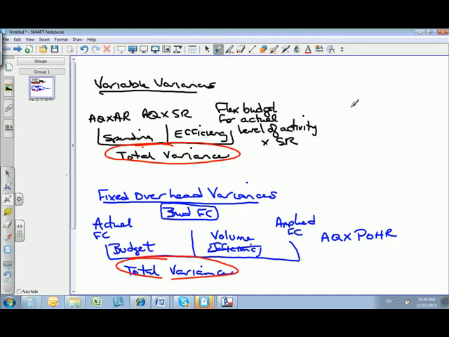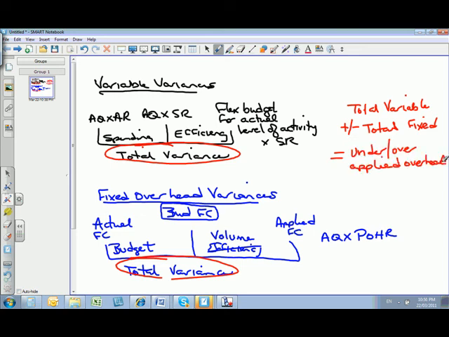So we can take the total variable variance, and we can add or subtract, depending on whether it's favorable or unfavorable, the total fixed variance, and that's going to equal your under or over applied overhead. So if you're given the information to calculate your under or over applied overhead, you can check your work quite nicely.